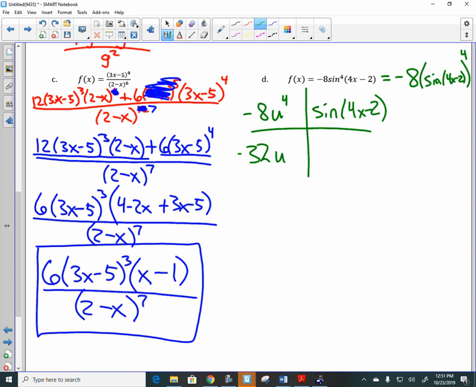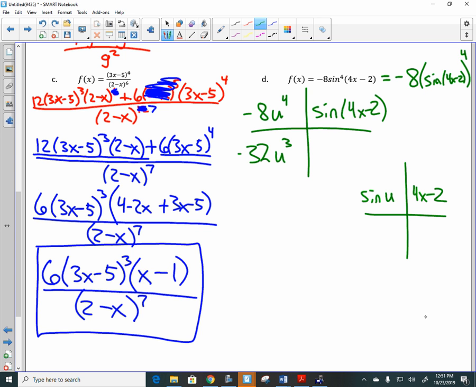And 32u cubed. How do I find the derivative of sine of 4x minus 2? Good. Chain rule. Asher started to work it out without the boxes. I'm going to write the boxes because I can see some brains getting a little confused.